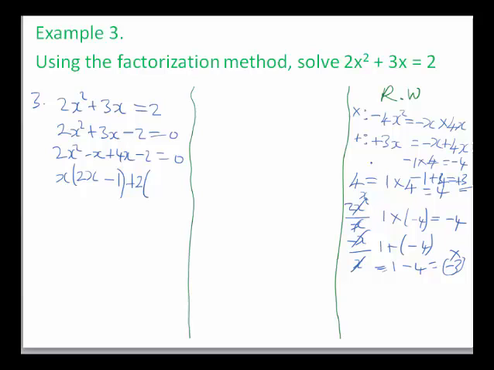We come back and say 4x divided by 2, which gives 2x, then -2 over 2, which gives -1, is equal to 0.